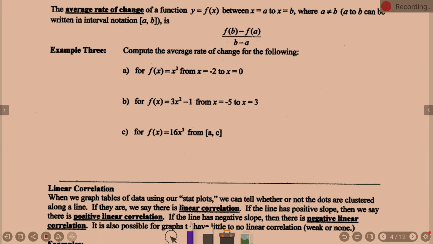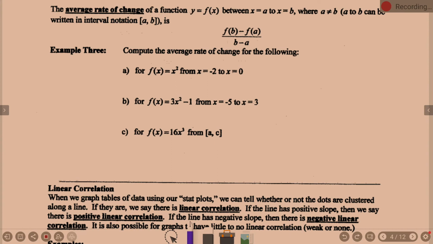So average rate of change of a function, y equals f of x, between x equals a to x equals b. Those are the endpoints of my interval, where a cannot equal b, because if a and b are the same number, that interval is non-existent. When we talk about an interval a to b, you'll often see it written in interval notation as (a, b).